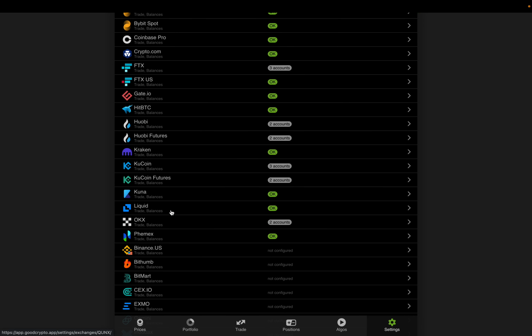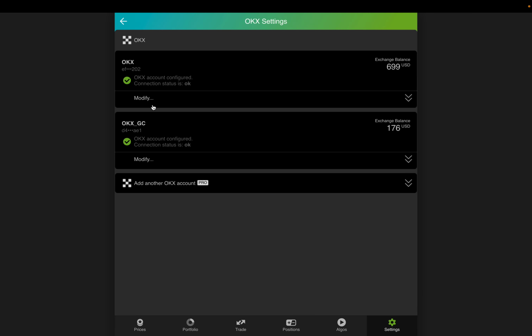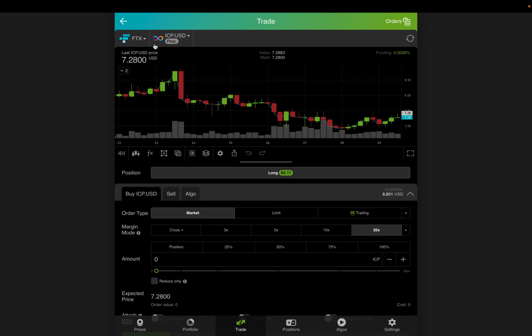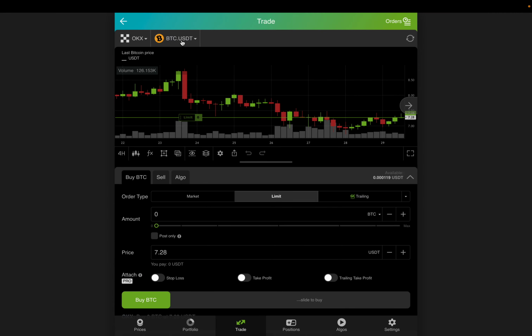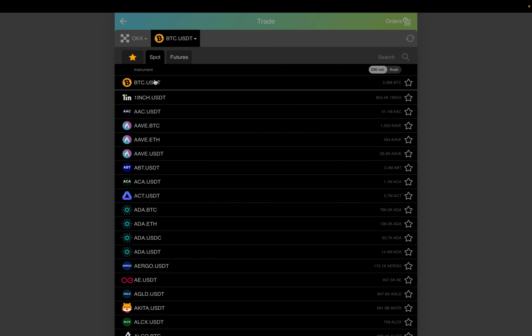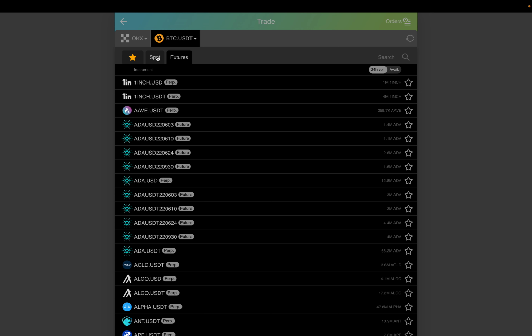Another thing to show you is OKX. We now support OKX Futures. You don't need to do anything. OKX Futures sits inside OKX. If you have your API key connected, you already have it available, working in the same way as, for example, in Binance. So we have spot here, and here you have the futures.